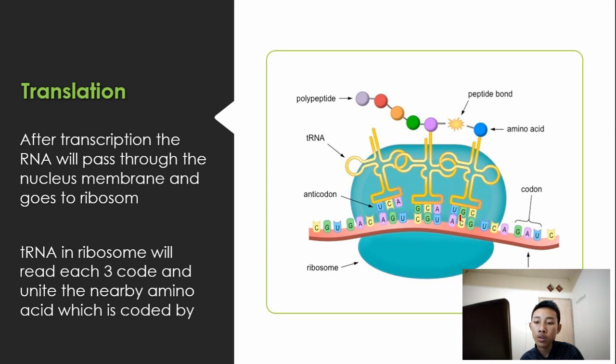It's translated by UGC, and it produces 1 polypeptide. One polypeptide like this, and after the polypeptides join, it makes what is called protein.